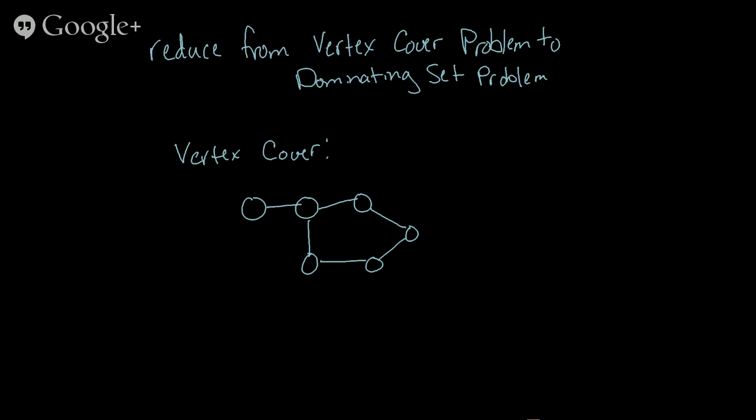For this particular graph, which I just picked at random and may not be the best graph ever to show vertex cover on, the greedy heuristic works like this. You want to start by picking the vertex that has the most number of edges. So we would start with this one, and we would mark off this edge and this edge and this edge. Those are all covered, and then we could go here, and that would cover this edge and this edge, and then we would just need to pick one of these, and it doesn't matter which one we pick, and that would cover that edge.